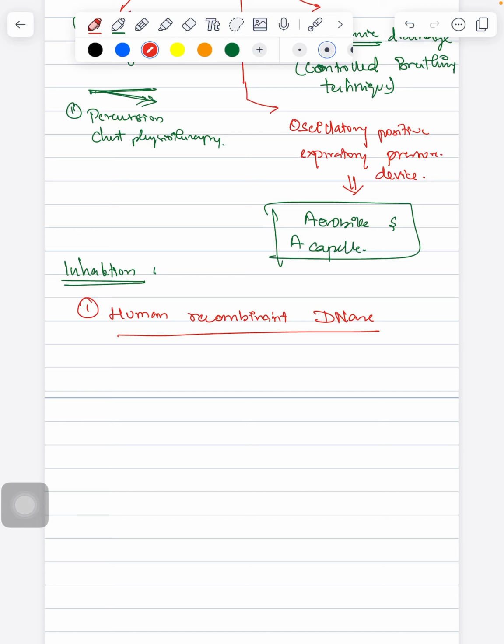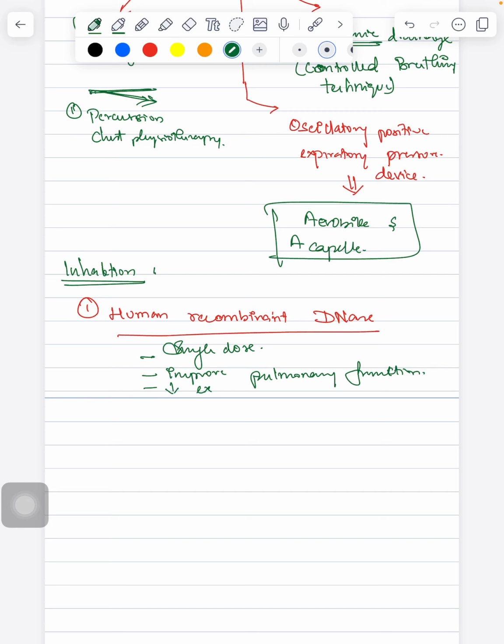So once the neutrophils die, your viscosity of the mucus will decrease. So that way you can easily expel the mucus out. It is given as a single dose, and it will improve your pulmonary function, and it can decrease the exacerbation of the cystic fibrosis. Okay.